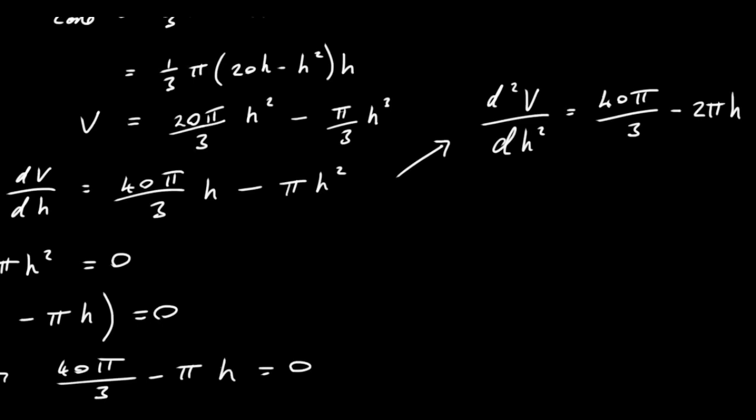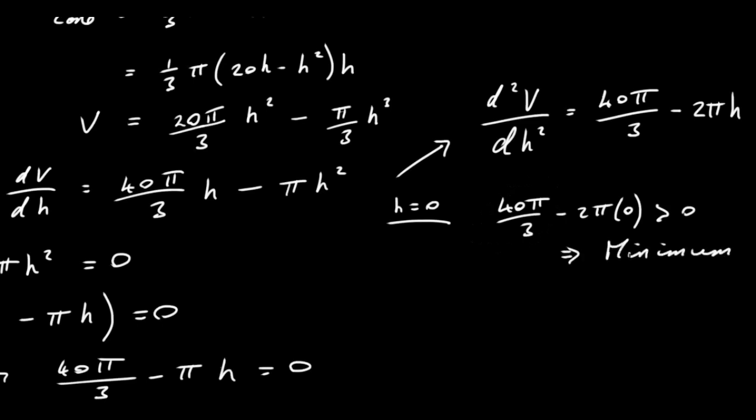What we want to do is put in our h values here just to see which is which. I'll do the 0 just for completeness' sake. Let's take h equal to 0. If I put that in here, I would get 40π over 3 minus 2π times 0, so that will clearly give us a positive value. This is greater than 0, so that must mean it's a local minimum.